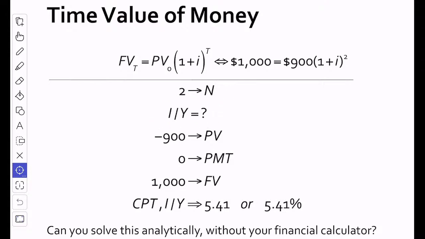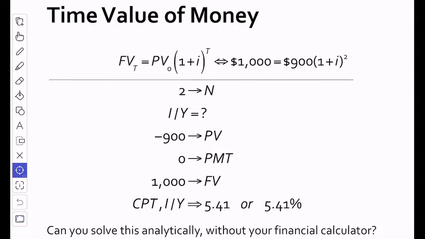Interest is what we want. Negative 900 is the present value because it's being invested. There are no payments in this problem, so the calculator is told 0, just as you have to put a place mark here. And then a positive future value is what you will receive. Putting that into the calculator, computing for the interest rate, you get this amount.